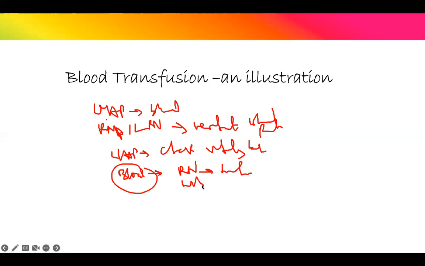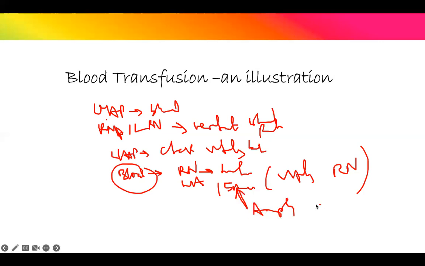Within the first 15 minutes, you pay attention. First 15 minutes, all vitals are done by the RN. Why? Anaphylactic shock is common at 15 minutes.